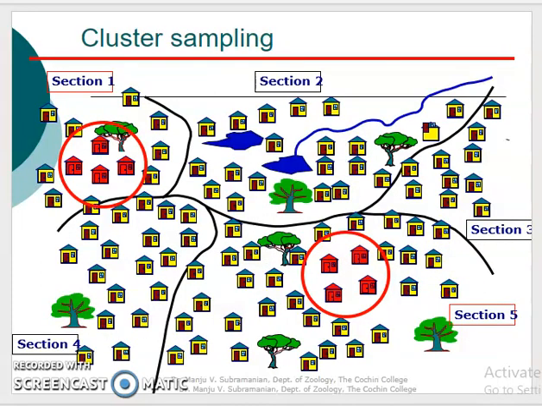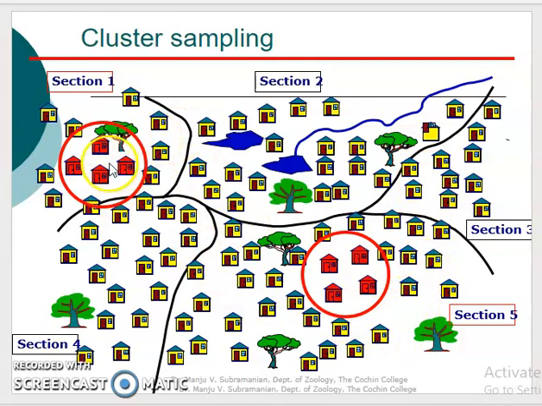And this is again a pictorial representation. So this is a population, that is section 1, section 2, 3, 4, and 5. And in that, I'm just choosing a few houses. So those are the representatives of this big population. So this is a type of cluster sampling.